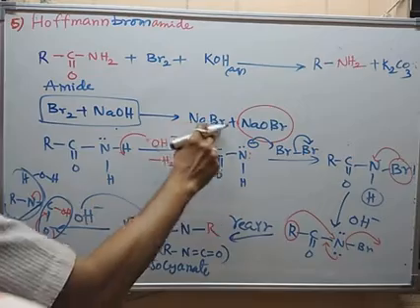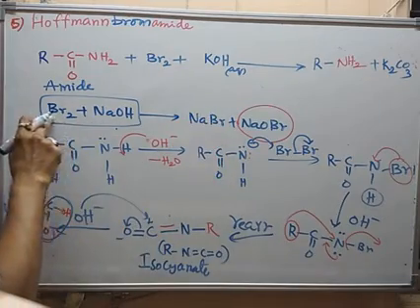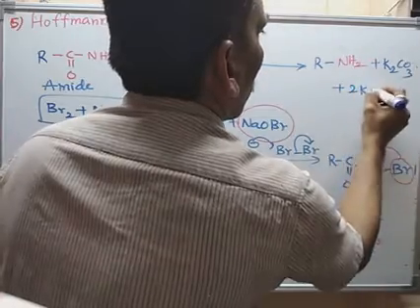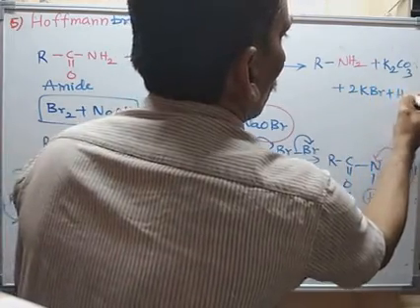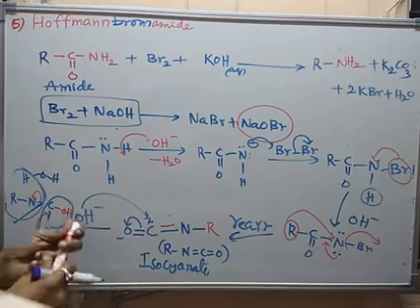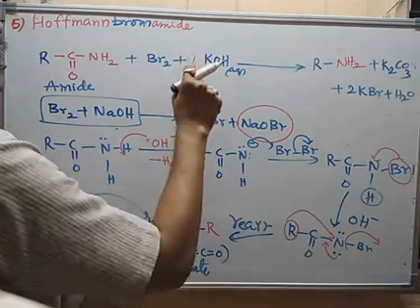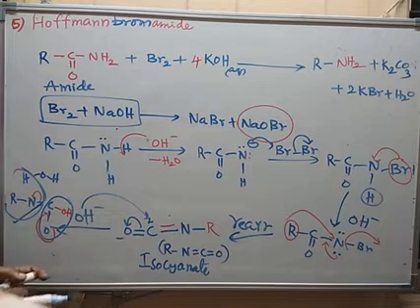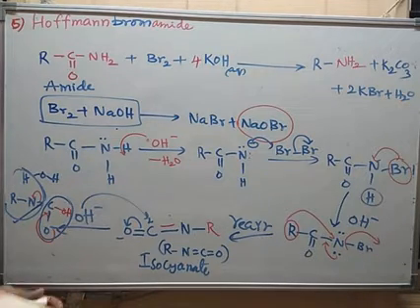And what is the combination? NaOH and Br2, KOH and Br2, that is KBr and H2O are the products. Balancing is a job you just do in this way, and it is observed as a balanced equation.